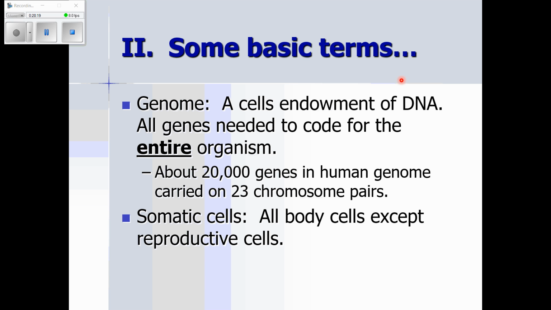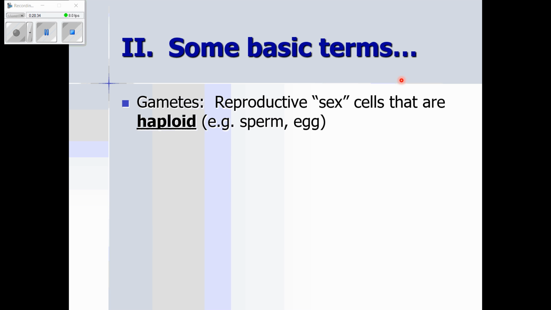Somatic cells are regular body cells, skin cells, liver cells, kidney cells, heart cells. Every cell in your body is a somatic cell except sperm and egg. Gametes, as we mentioned before, is just the fancy term for sperm and egg. Gametes are reproductive sex cells that are haploid.